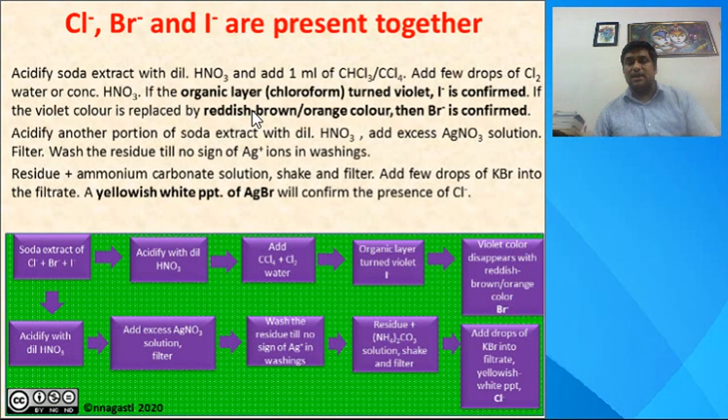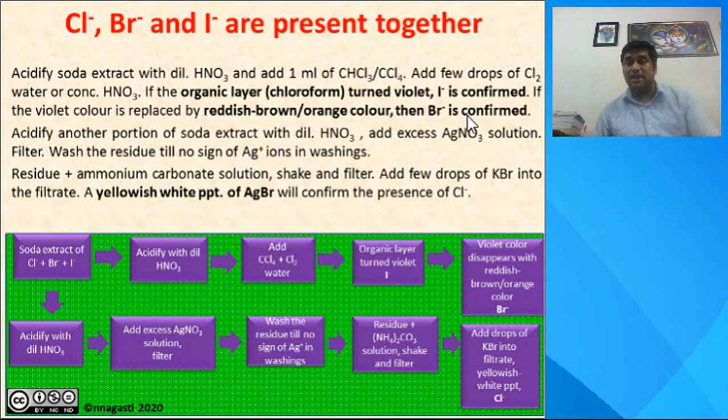If the organic layer turns violet, then iodide is confirmed. If the violet color is replaced by reddish brown or orange color, then bromide is there.